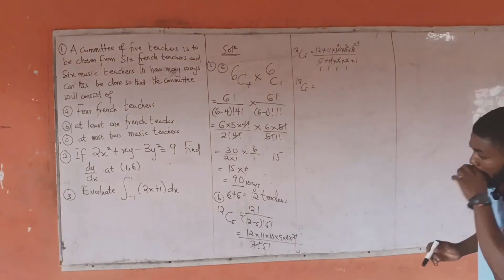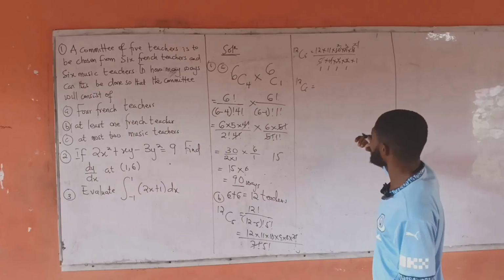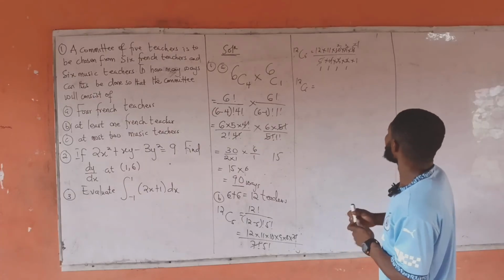Okay. Now I have 12 times 11, which would be 132.